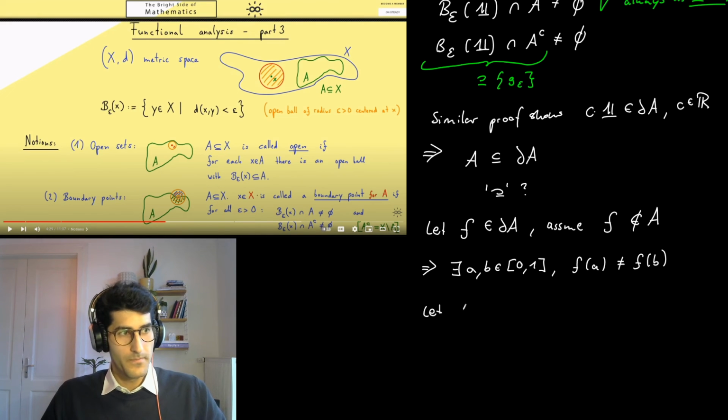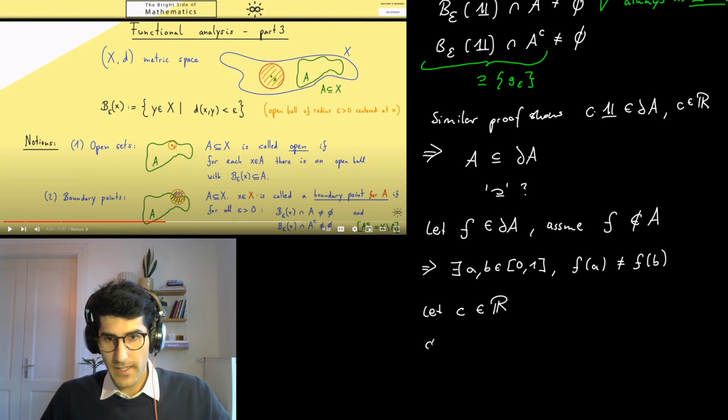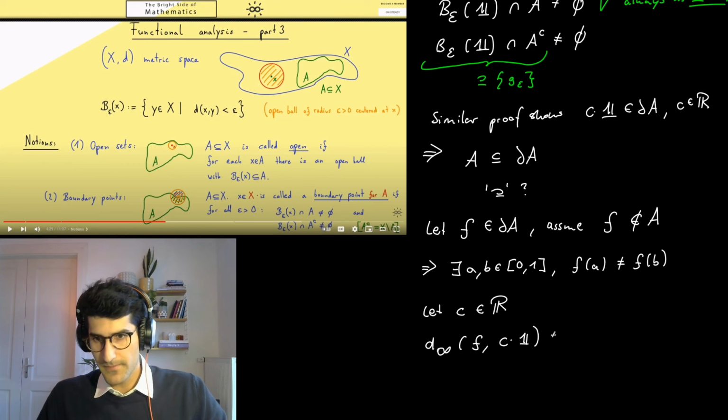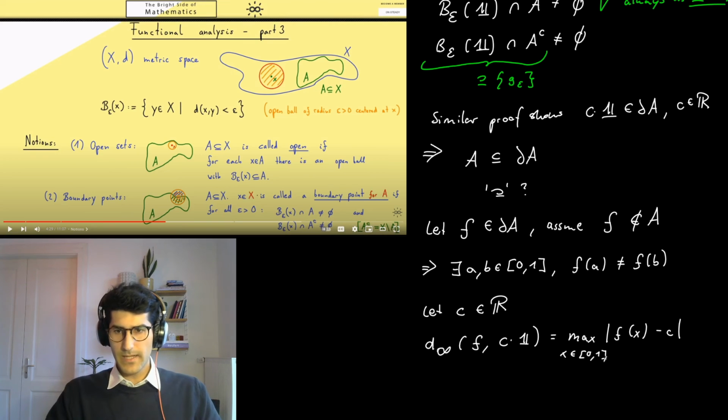So let us take a c in R and calculate the infinity distance between f and c times the constant function here. So by definition, this is nothing else than the maximum of |f(x) minus c| for all x in the unit interval. Yeah, so I really compare each and every point with the value c and calculate the distance.